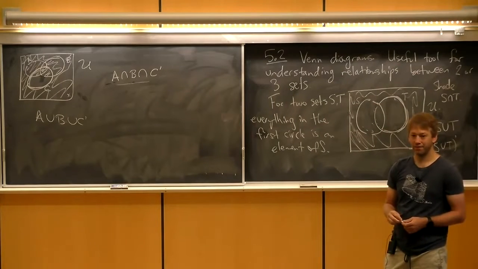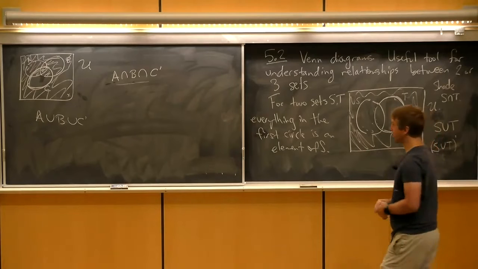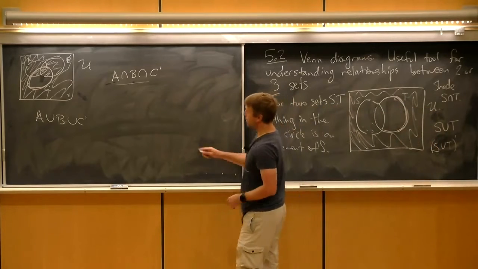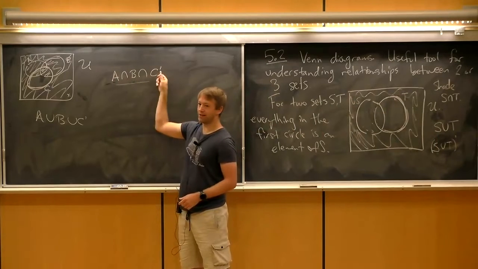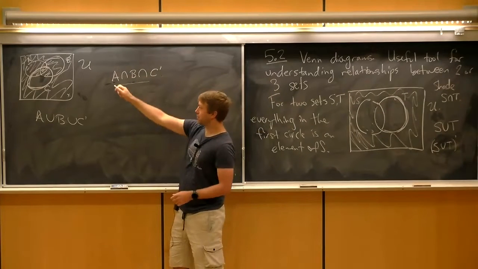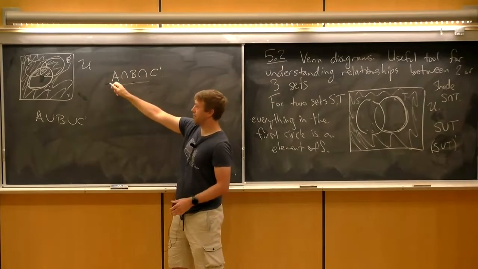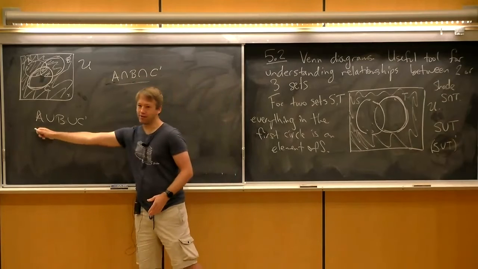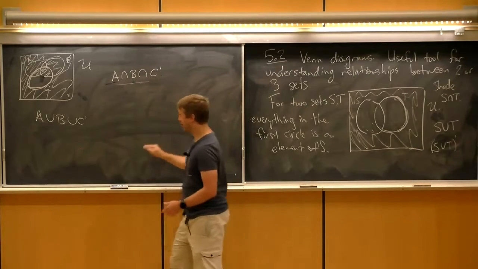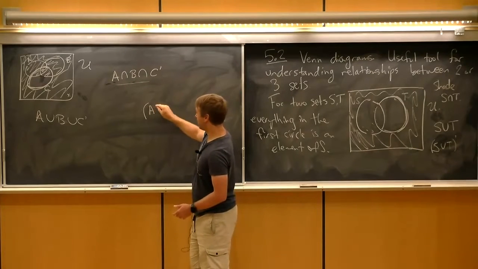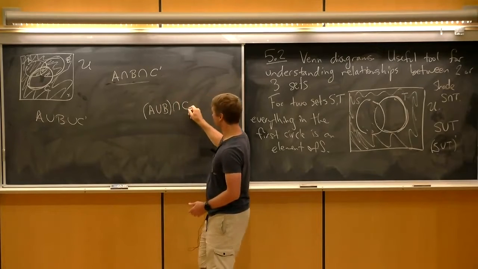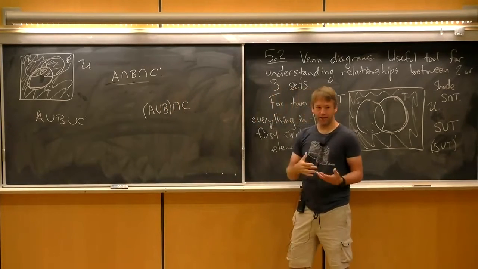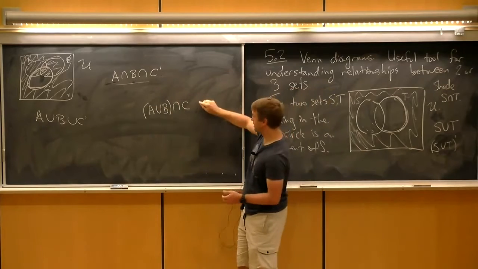Yeah, exactly. By the way, one thing to be careful of: you can see I just wrote these intersections with no brackets or anything. That's okay if you're doing a bunch of intersections or a bunch of unions, you don't need brackets. But if you have a mixture of intersections and unions, you need to use brackets.